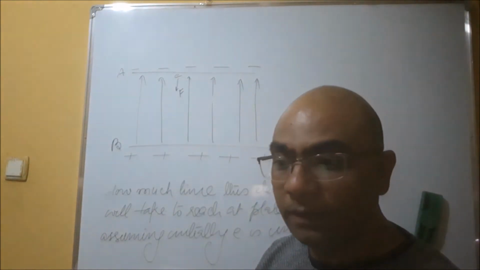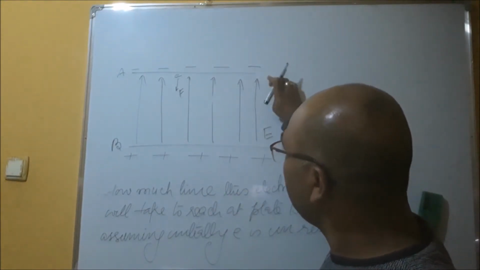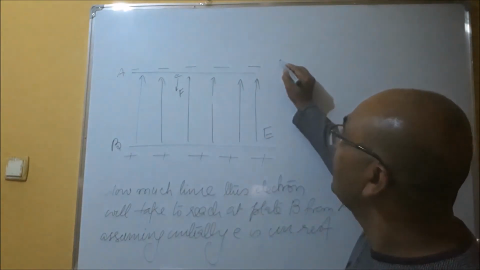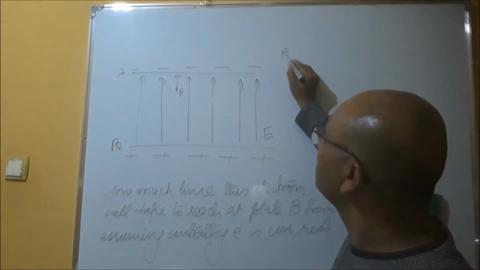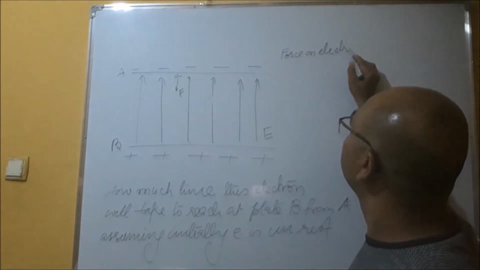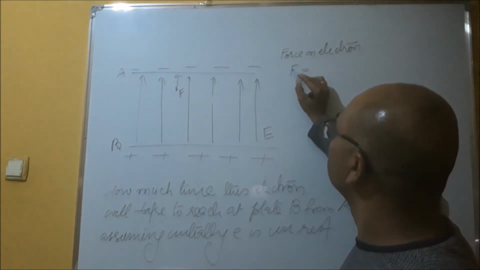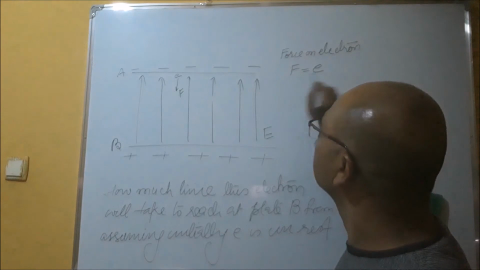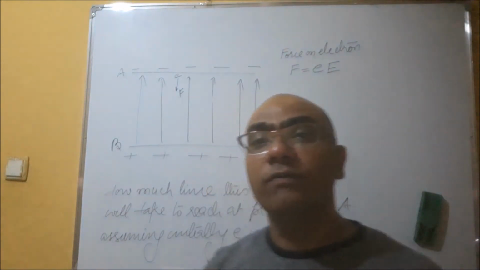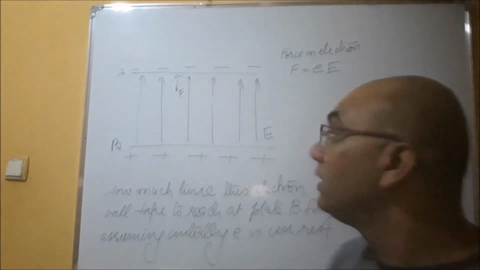If the electric field value between plate A and B is E, what would be the force on the electron? The force will be F equals qE, so q is e, so eE. This will be the value of force on this electron.